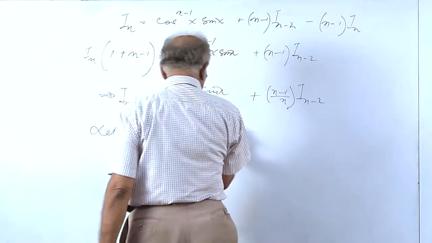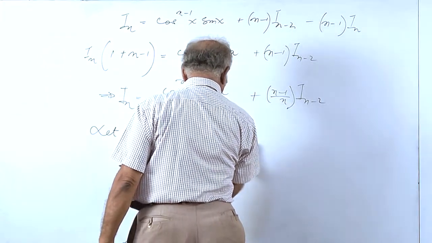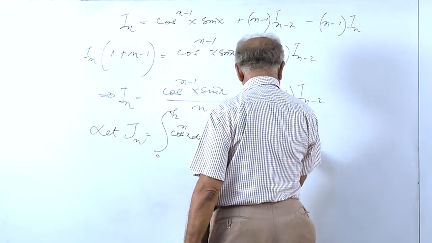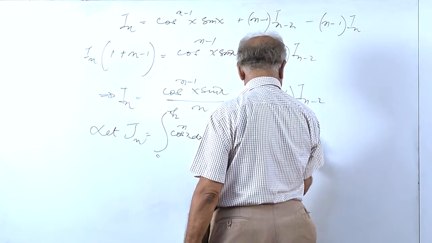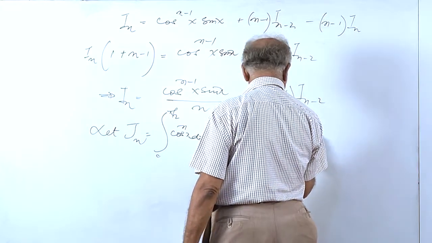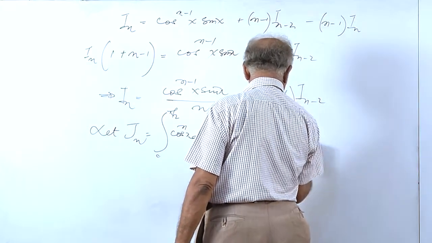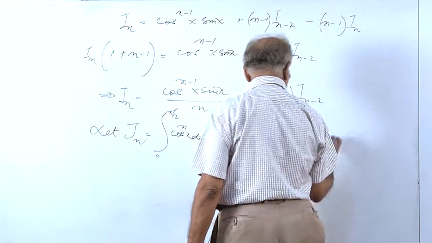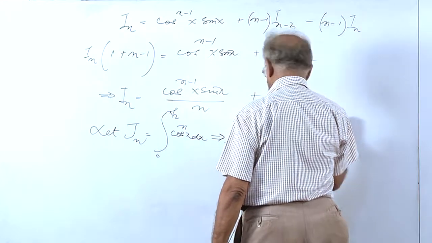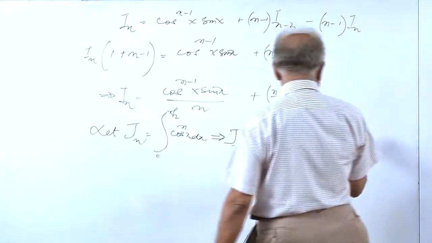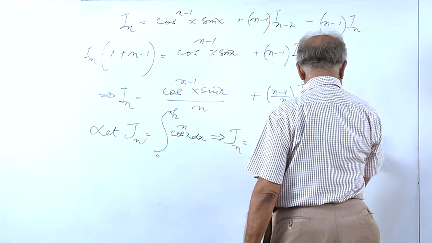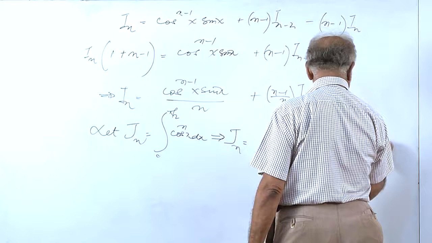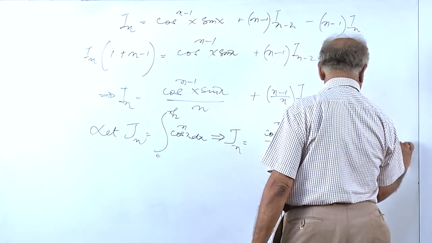This implies J sub n will be equal to cos to the power n minus 1 x sin x divided by n, limits 0 to pi by 2, plus n minus 1 over n J sub n minus 2.